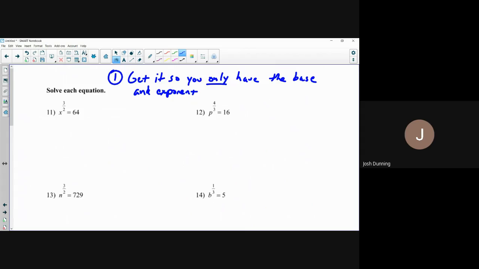Well, on 11, we don't have to worry about it. All you have is the base and then the exponent. Then the second step, raise to the reciprocal.